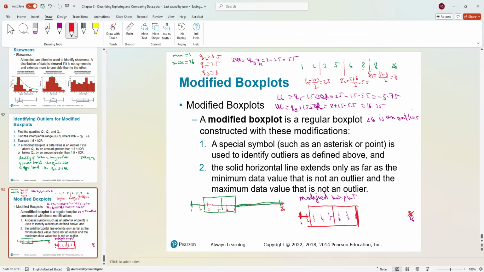So we don't need to go all the way up there, and we don't put 16.25 either. We take the largest observation that comes right before the upper limit. Because the upper limit is 16.25, anything below 16.25 is where we stop. So this is the modified box plot.